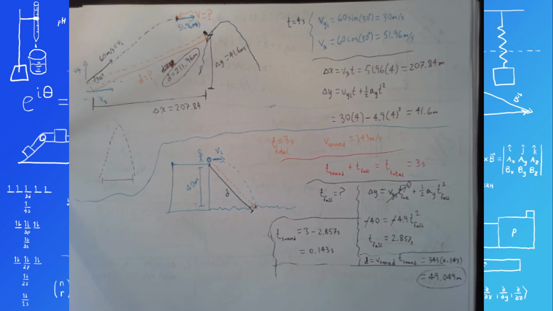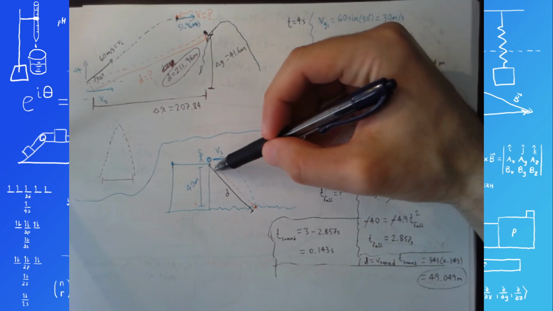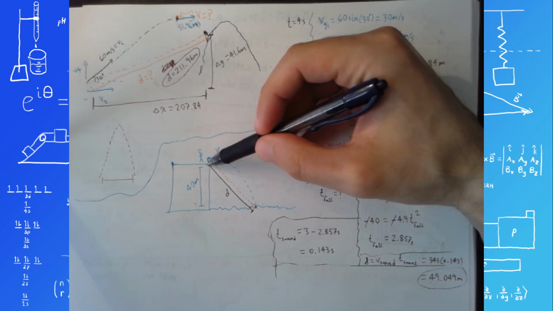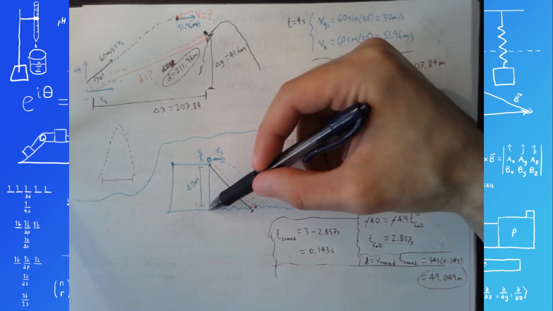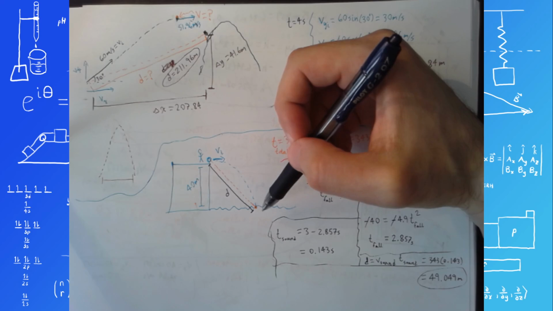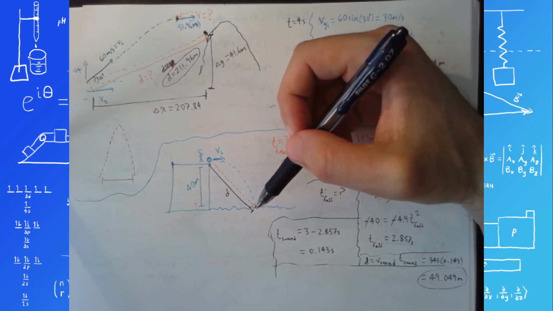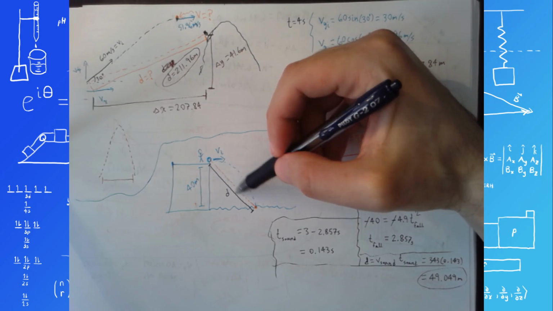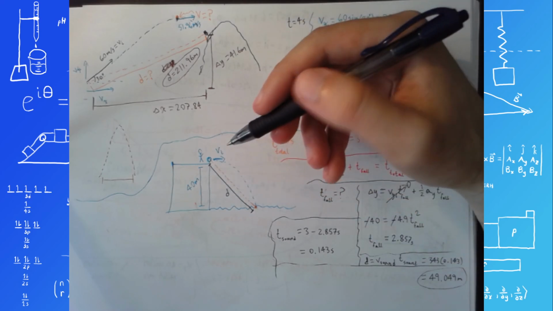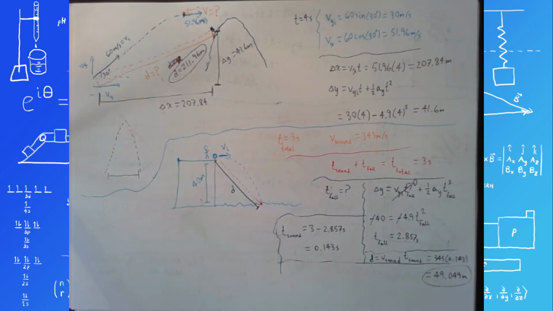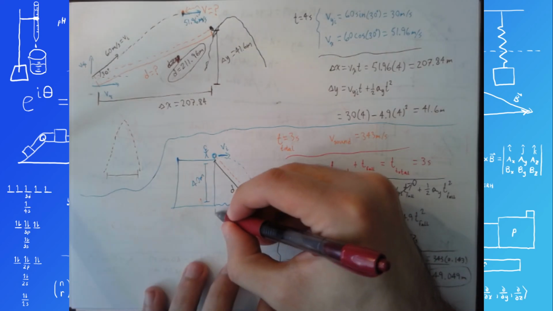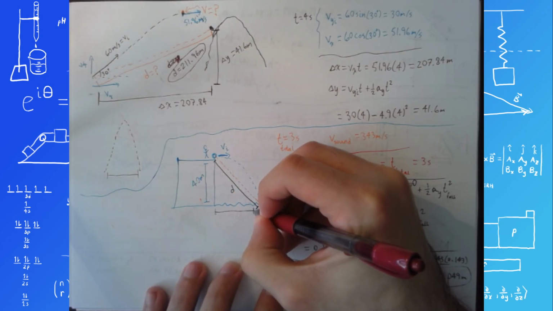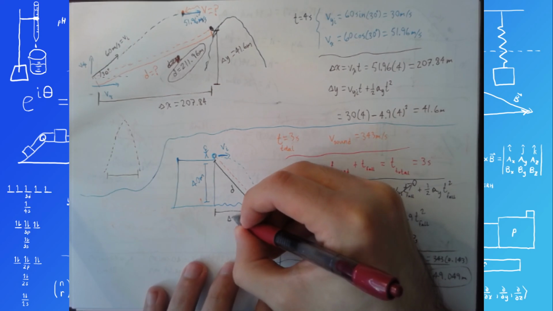Okay, so how does that help us? Well, now that we know this distance over here, we've got two sides of a right triangle, which means I can calculate the third side using the Pythagorean theorem. Now that I know this is 49.049 and I know this is 40, I can calculate delta x.